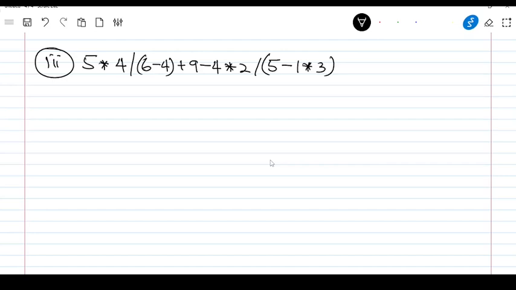Okay, so we're going to resolve what is inside of the 6 minus 4 parenthesis first before going to the 5 minus 1 times 3. So we're going to go to step 1. Step 1, we're going to say resolving the parenthesis.